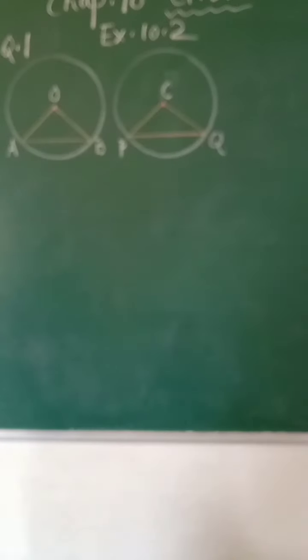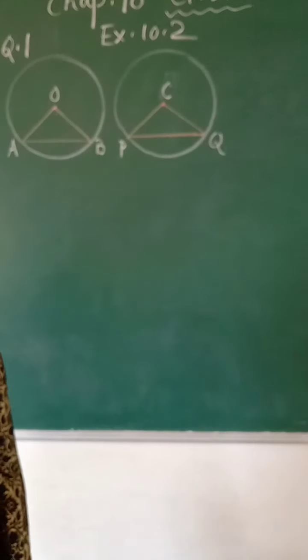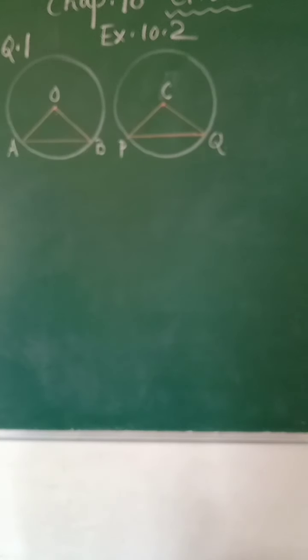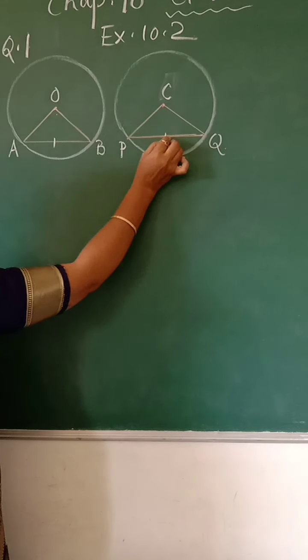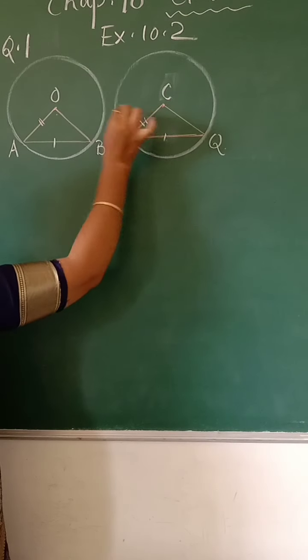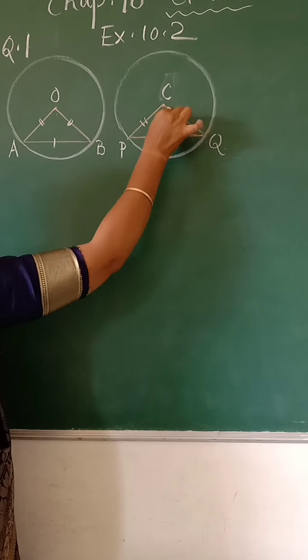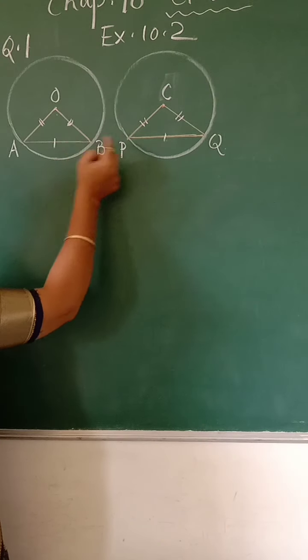So here, equal chords of congruent circles: the chords are given equal, then these radii are equal because these two circles are congruent and therefore their radii are the same.